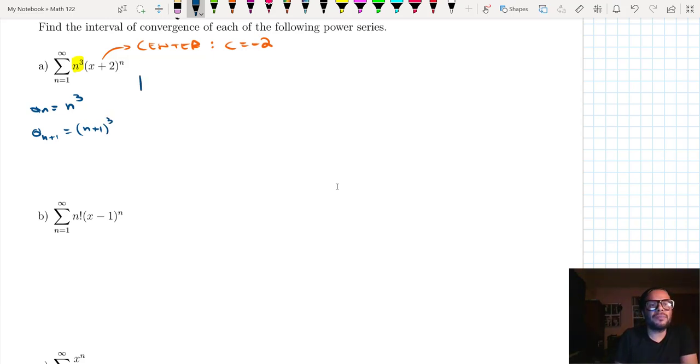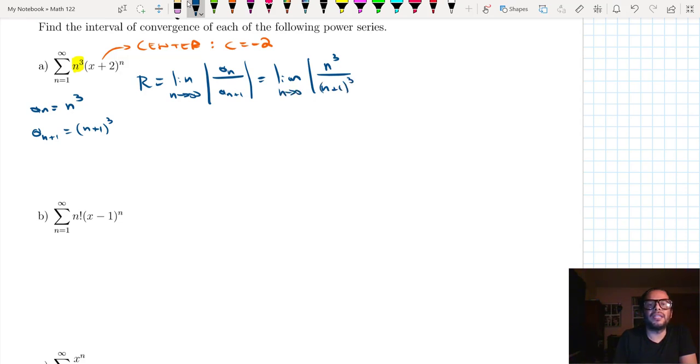To find the radius of convergence, big R, this will be the limit as n approaches infinity of the absolute value of a sub n divided by a sub n plus 1. So let's plug in: limit of n cubed over n plus 1 cubed as n approaches infinity.